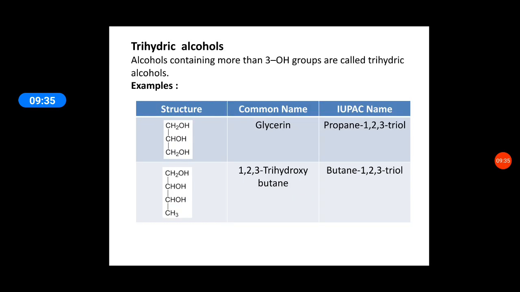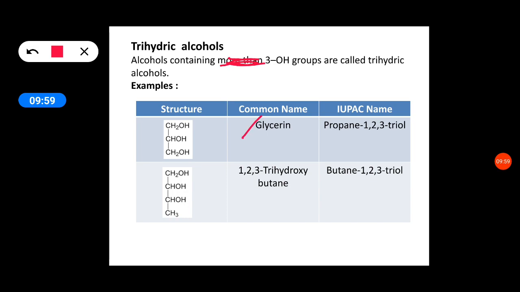Trihydric alcohols. The alcohols which contain 3 OH groups are called trihydric alcohols. So in this example, 3 carbons contain 3 OH groups, and its common name is glycerin.